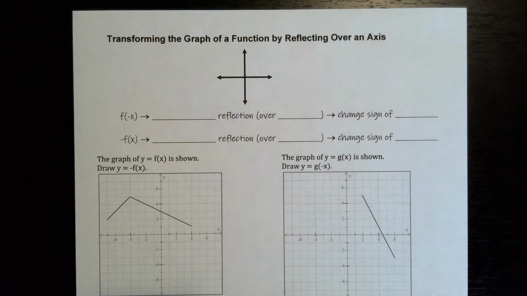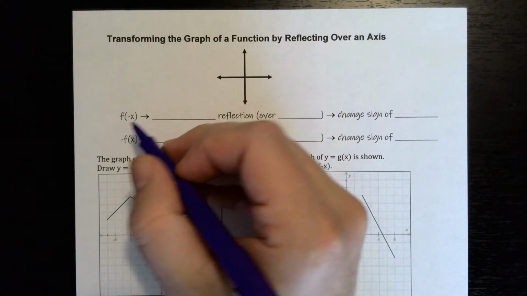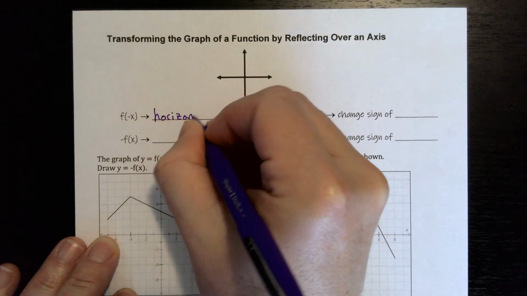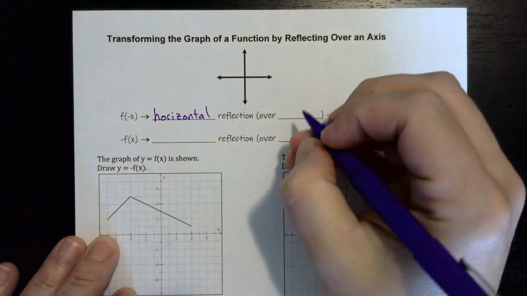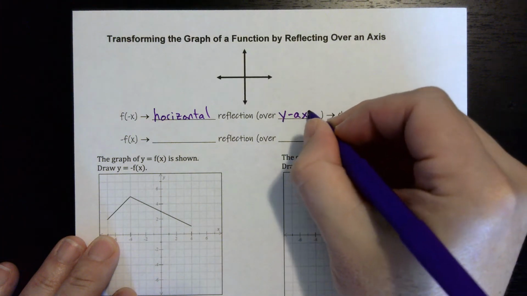In this video, we're going to be looking at transforming the graph of a function by reflecting that graph over an axis. Okay, so first of all, if they want us to find f of negative x, what that's going to be is a horizontal reflection over the y-axis.